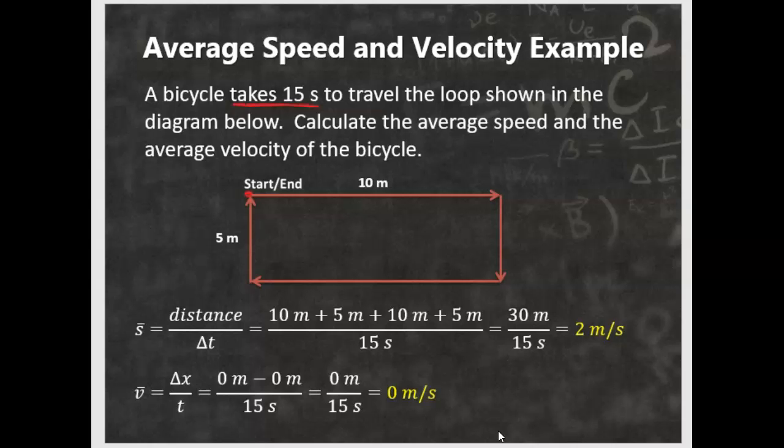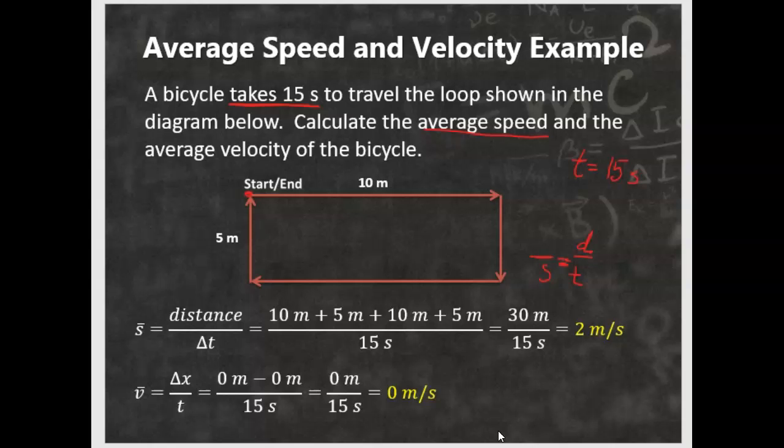It takes 15 seconds to travel, so they're giving us the time, 15 seconds, and they're asking us to find the speed, and also the velocity. Let's start by finding the speed, and by speed, we mean average speed. Average speed, we said, is distance over time, the distance we traveled divided by time.